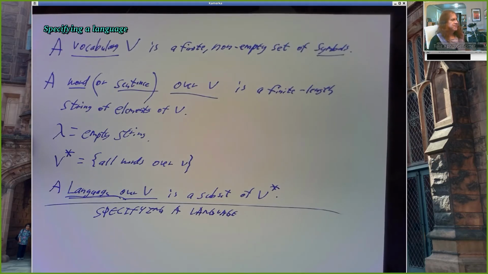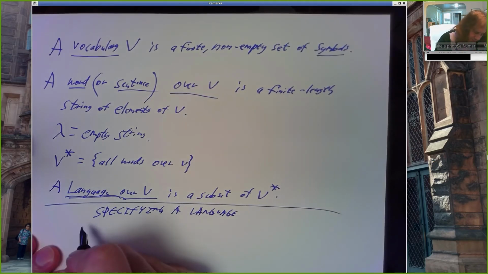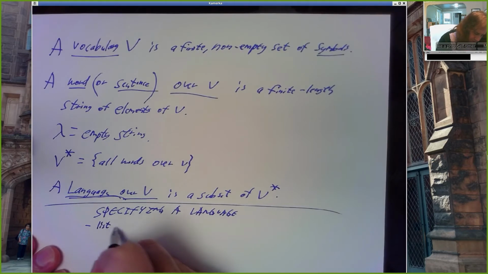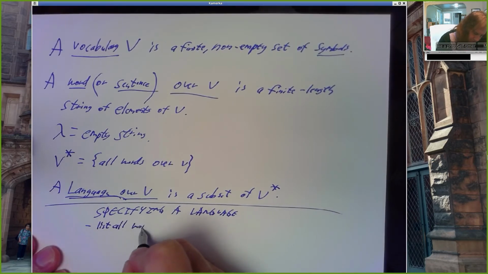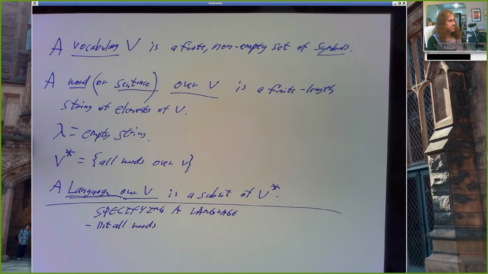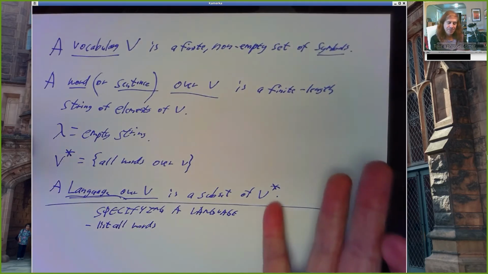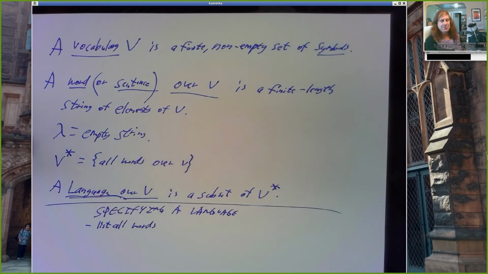How do we specify the elements of a language? Well, one way to do this is to list all words. Just list all the members of V star that are part of your language.